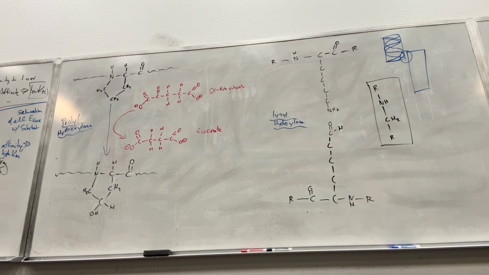Is that for all alpha helices or just this specific example? Because I'm assuming there's more than just the prolyl, more than just proline's version.